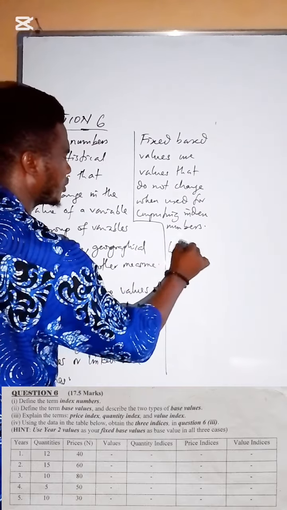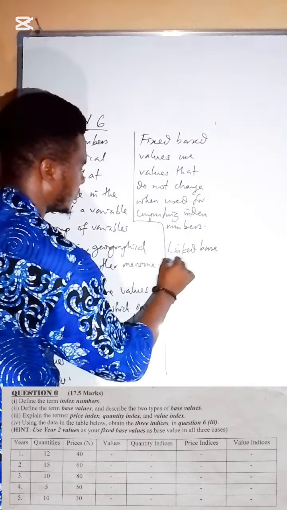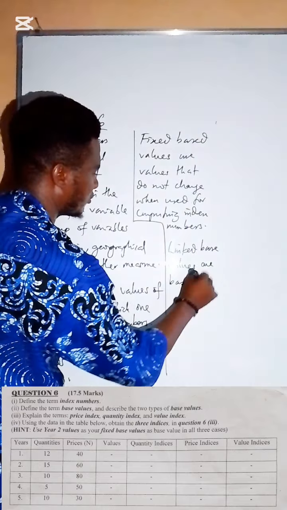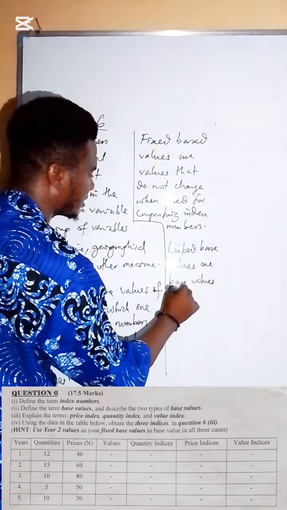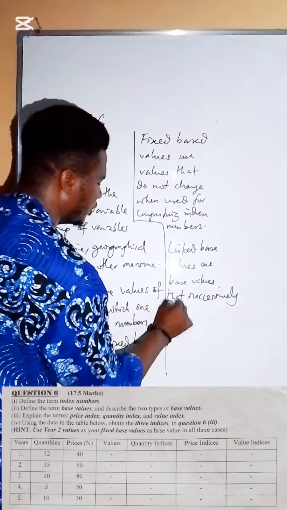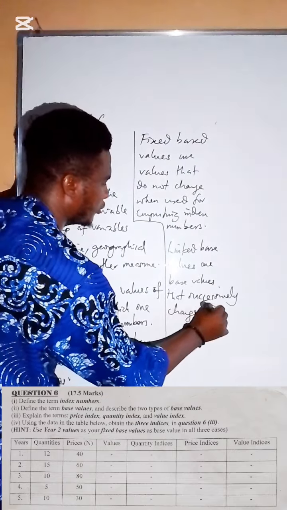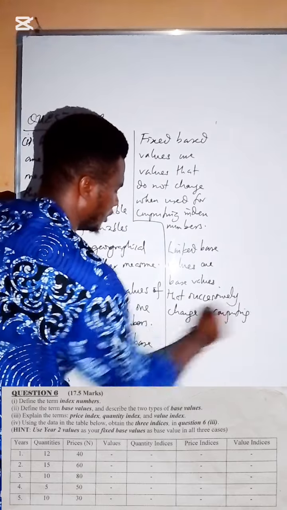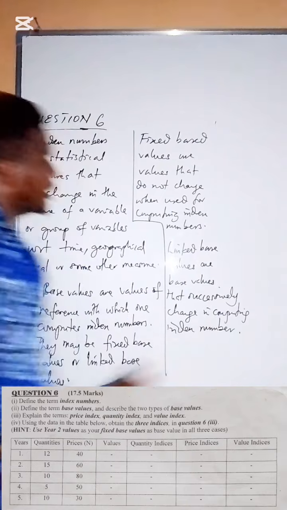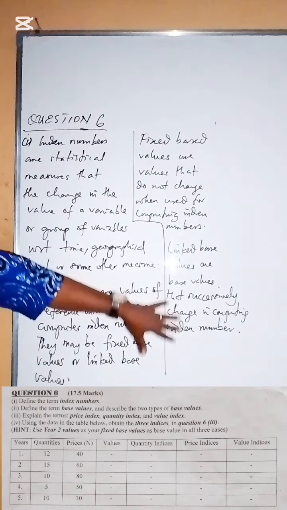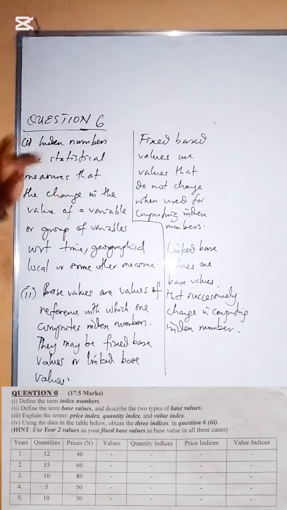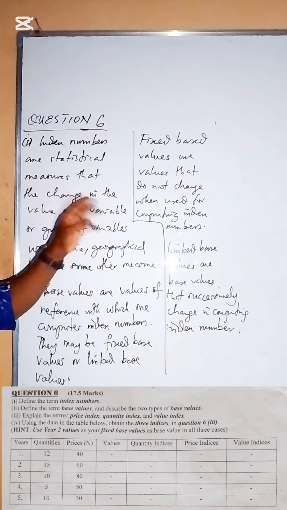Linked base values are base values that successively change in computing index numbers. So linked base values successively change in computing index numbers, but fixed base values do not change when used to compute index numbers as your values of reference.